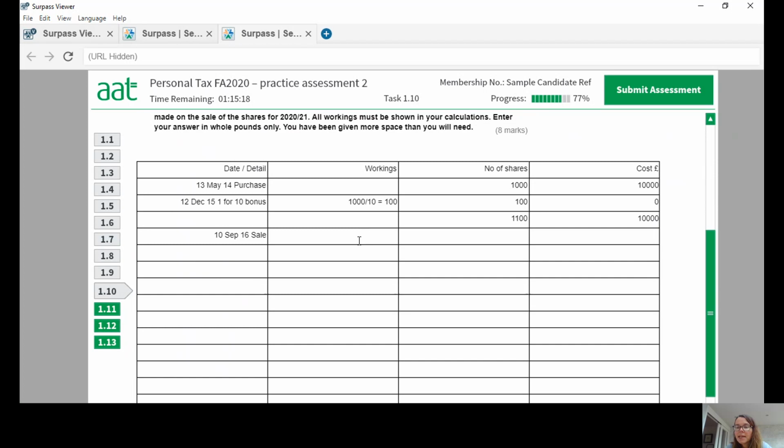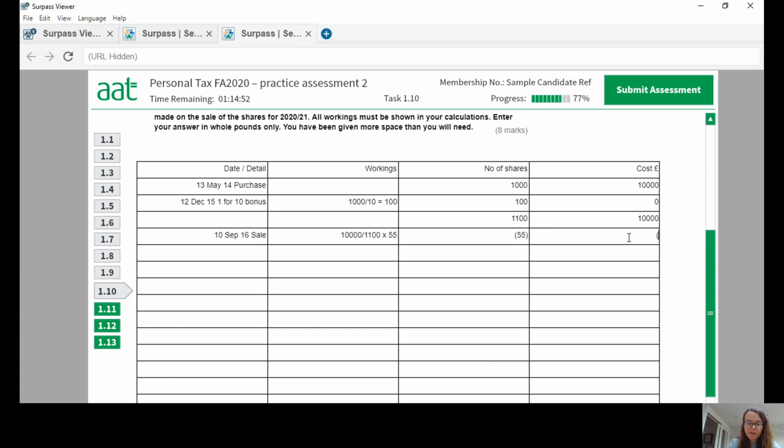So our working is the total cost that we had in the share pool at that date, divided by the number of shares. That gives you the average price per share. And it's 55 shares, which of course are coming out of the pool, so let's show those in brackets. So we do that calculation, 10,000 divided by 1100 times 55.